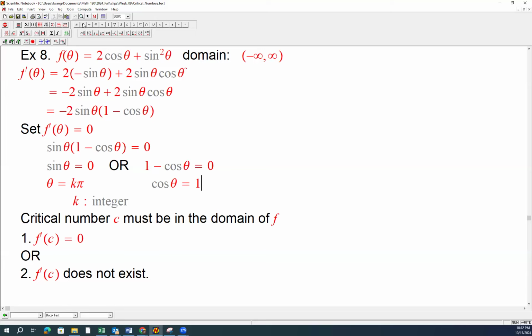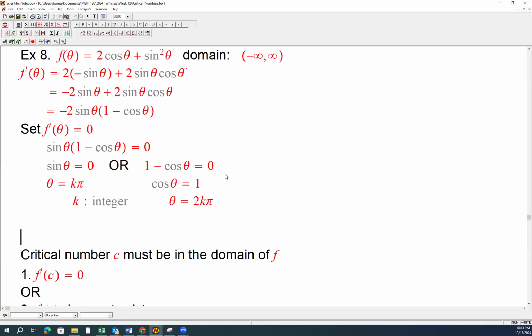So the solution here is theta equals 2k pi, where k is any integer.